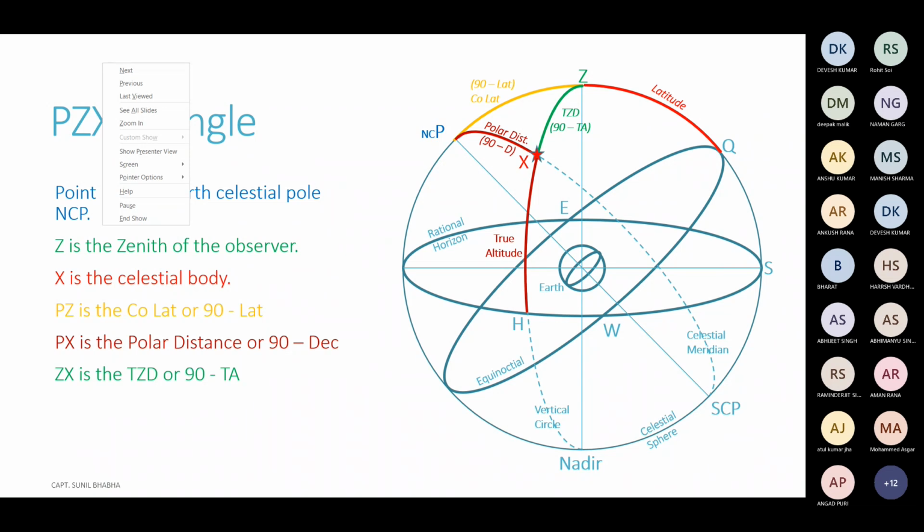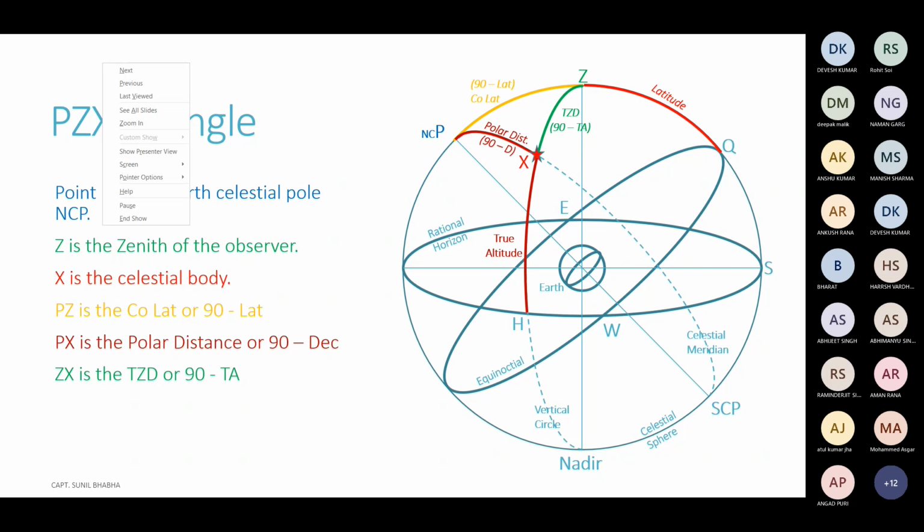We will correlate all the parts. We will show this PZX triangle on the plane of the rational horizon, and then we will be able to easily draw it in time and solve the question. So that's the procedure going ahead. But it requires a little bit of effort. So I am not going to do it today, beta.